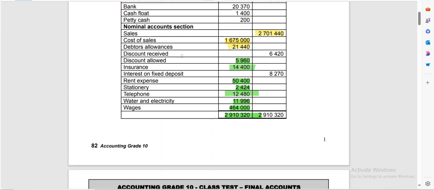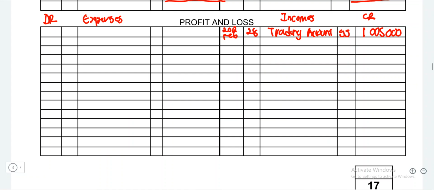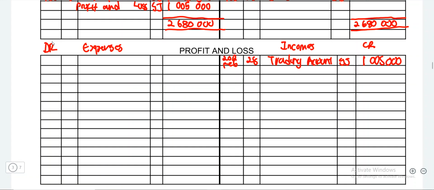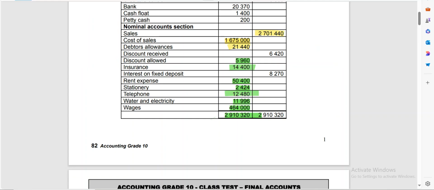So we start, we have discount allowed here. So the first one, remember, it's going to be 2012 February 28. Then we are going to have discount allowed, and remember this is in the general journal, and according to that the discount is 5,960.